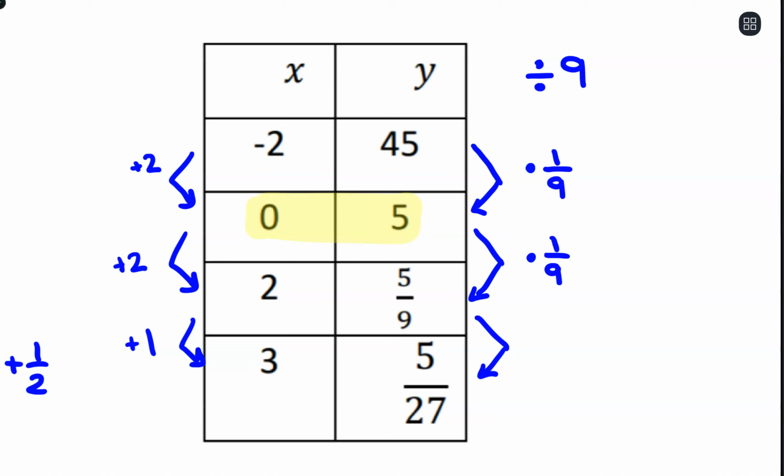Now what we could see is going from 5/9 to 5/27, this is multiplication by 1/3, and this is a better view because this is when the step for x is equal to 1. So all these ones up above, we're combining 2 steps. So really there's this separation of multiplying by 1/3 times 1/3, but really each single step is this multiplication by 1/3. So the multiplication stays the same, so this is exponential.